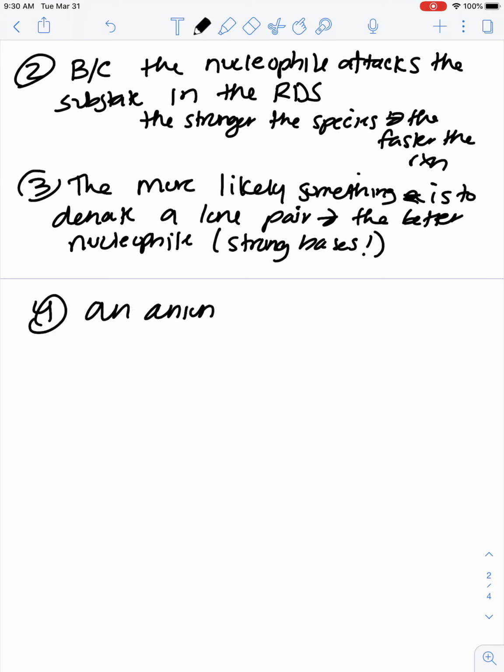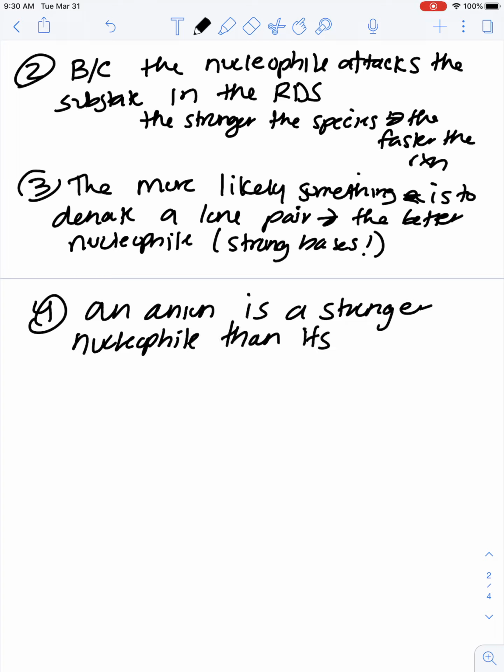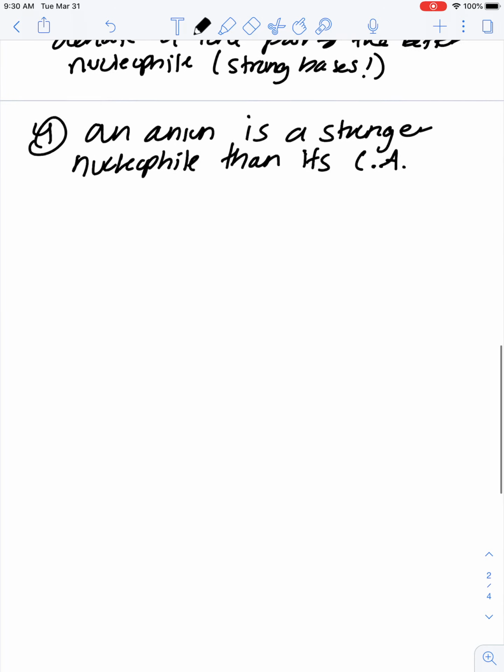An anion is going to be a stronger nucleophile than its conjugate acid. Remember, CA is going to be conjugate acid.